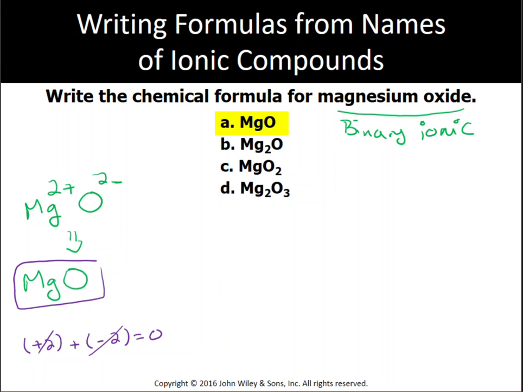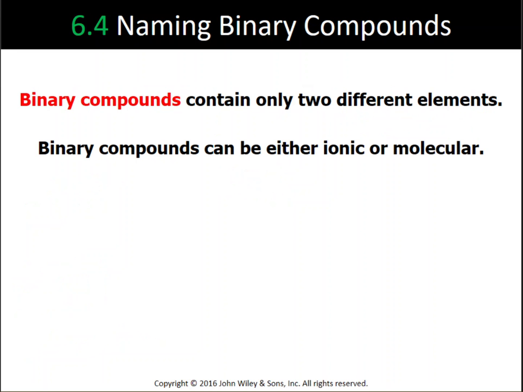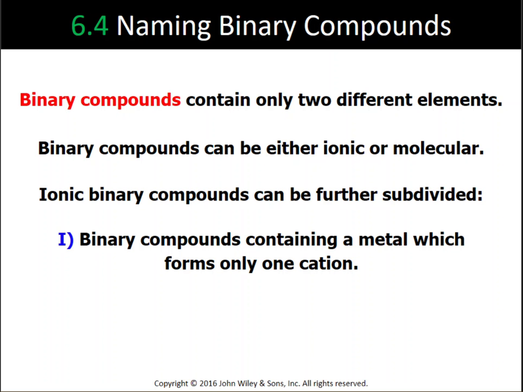So let's review naming of binary compounds. We just looked at binary ionic compounds. Those are compounds composed of a cation and anion, or in other words, one metal and one non-metal. If you have a binary compound where your cation is a main group metal cation, in order to name that compound, you start with the name of the metal followed by the name of the anion.